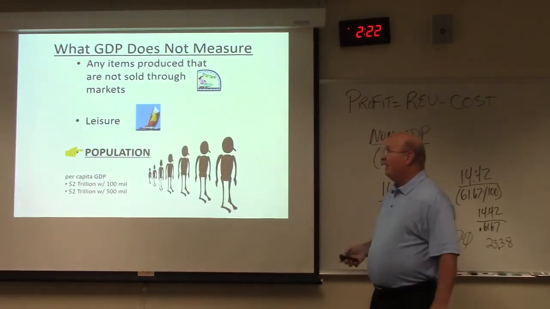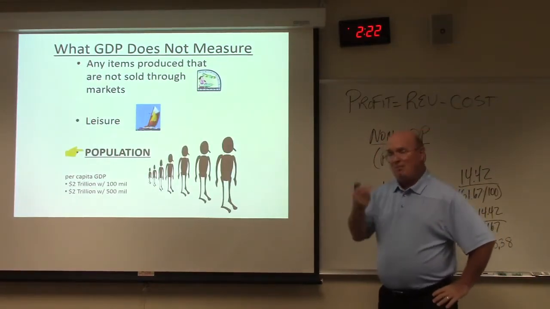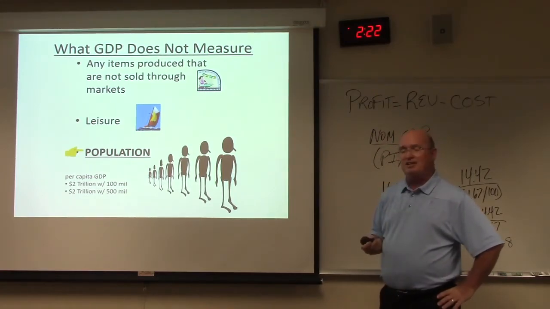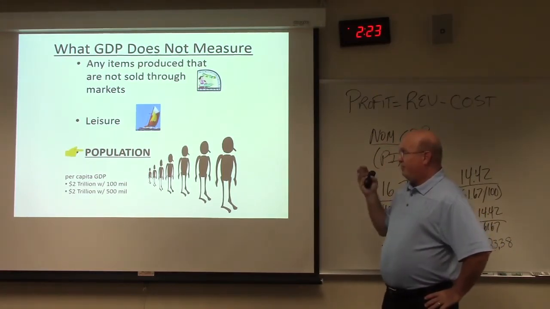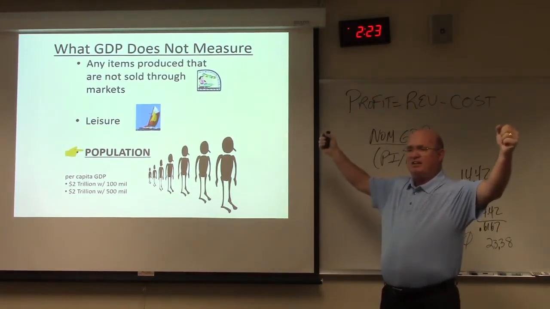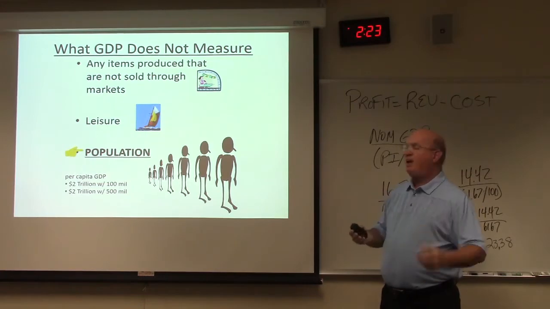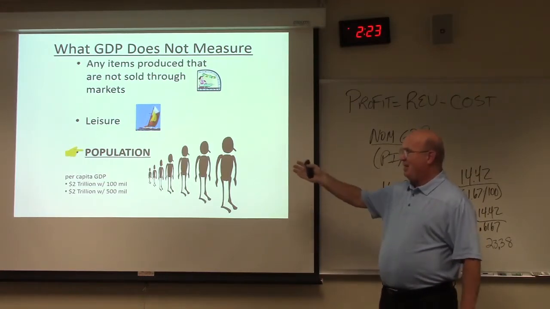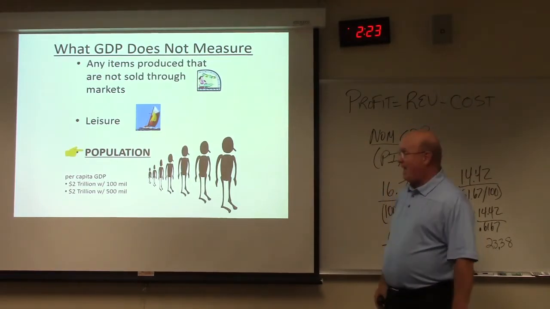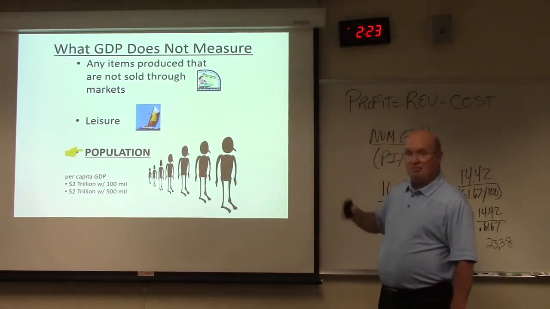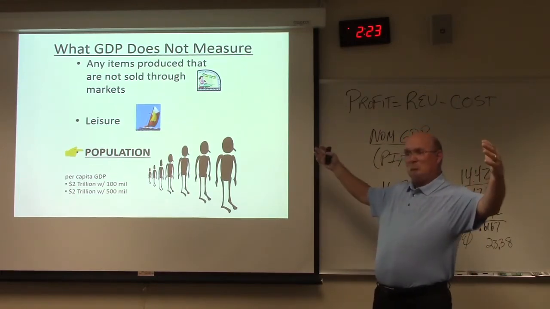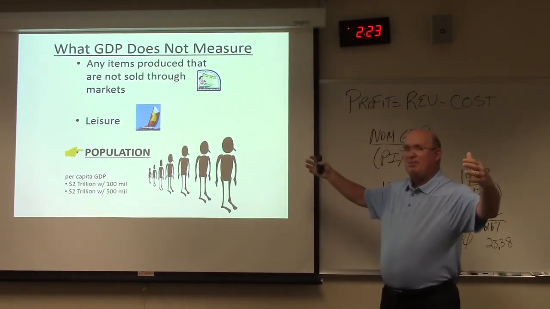Also, population. Now we'll get more into this concept called per capita GDP later. But if we have a $2 trillion economy, we could be really good or not so good, depending on how many people we have. Because per capita GDP, we divide that 2 trillion by 100 million people, and we've got a pretty good growing economy.